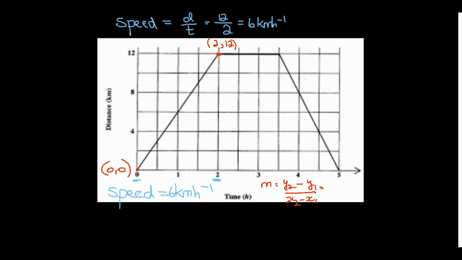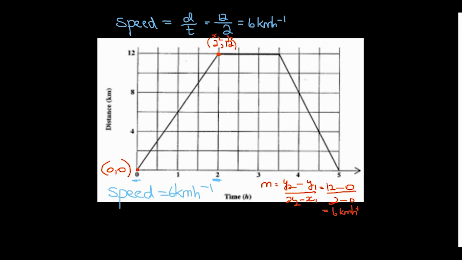Alright, so if we use this as the x2, y2, we would have 12 minus 0 over 2 minus 0, and again it works out to be the same exact thing, right? 12 over 2, which is 6 kilometers per hour. Alright, so that's how we calculate our speed. Whichever approach you choose to use, whether your gradient approach, or just speed is distance over time, you're still going to get the same answer.